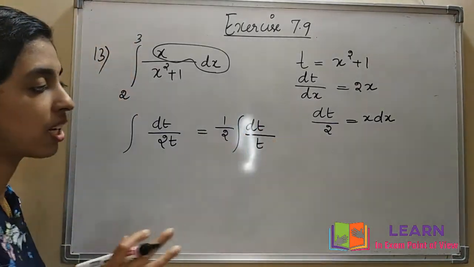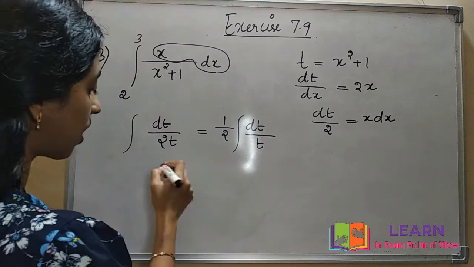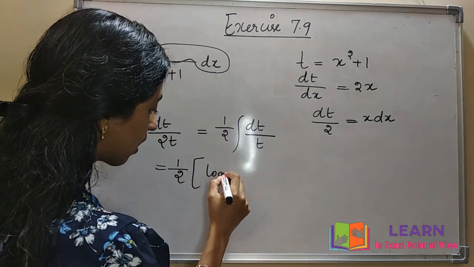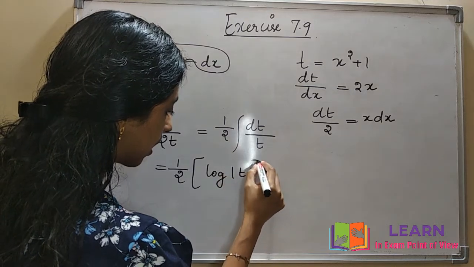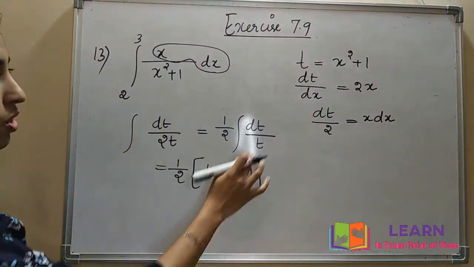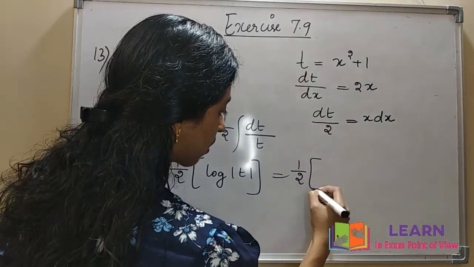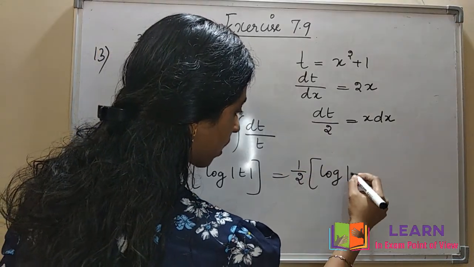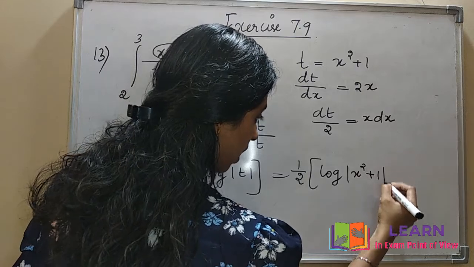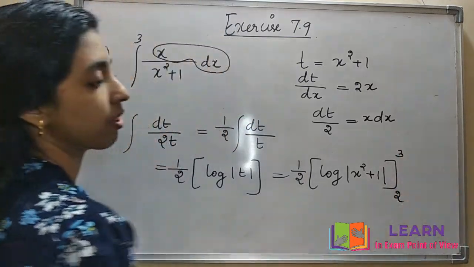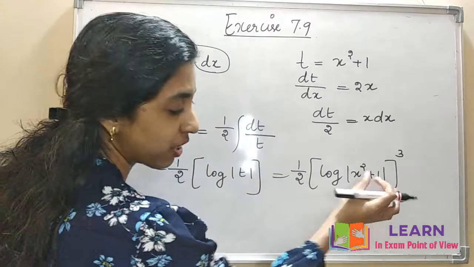The integral of 1 by t is log t. So half, integrating you will get log mod t. Now for t you substitute x square plus 1: half log mod x square plus 1. Now you can give the limits as 2 to 3, because we are back to x form.